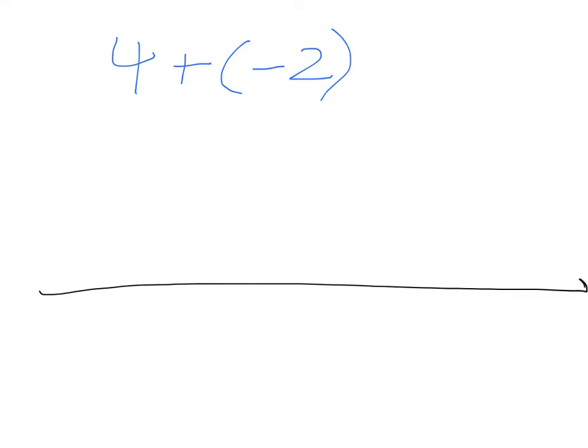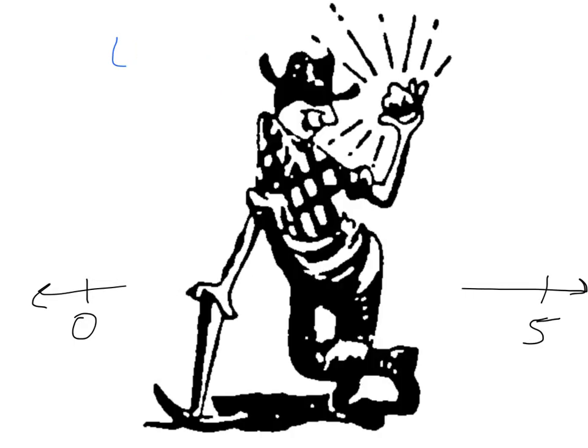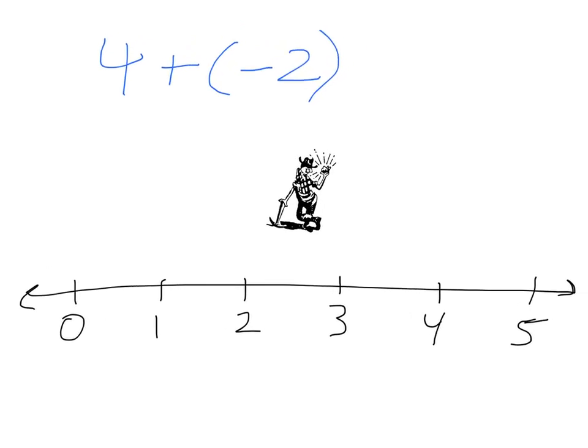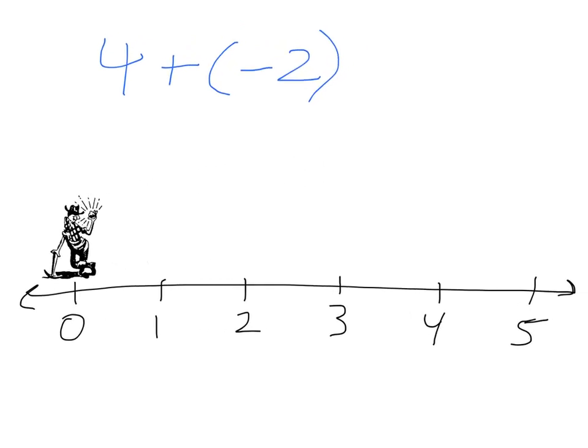Now, let's say I have 4 plus negative 2, and I want to know what that's equal to. So again, I'm going to draw my number line here. 0, 1, 2, 3, 4, 5. And we grab Mike the Miner, and we're going to move Mike back to the 0 there.